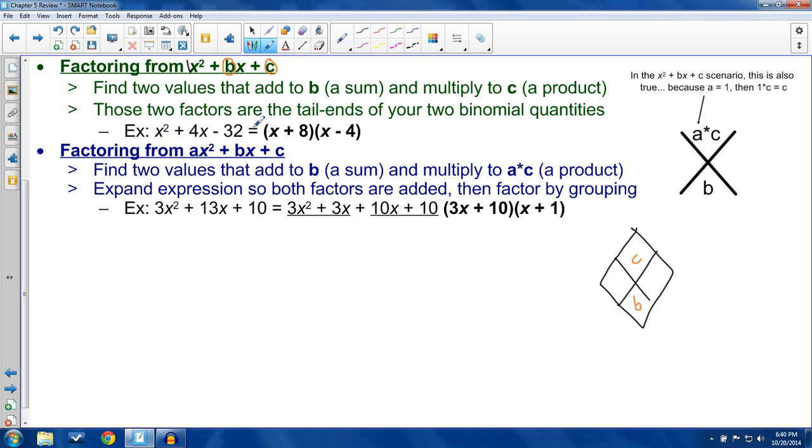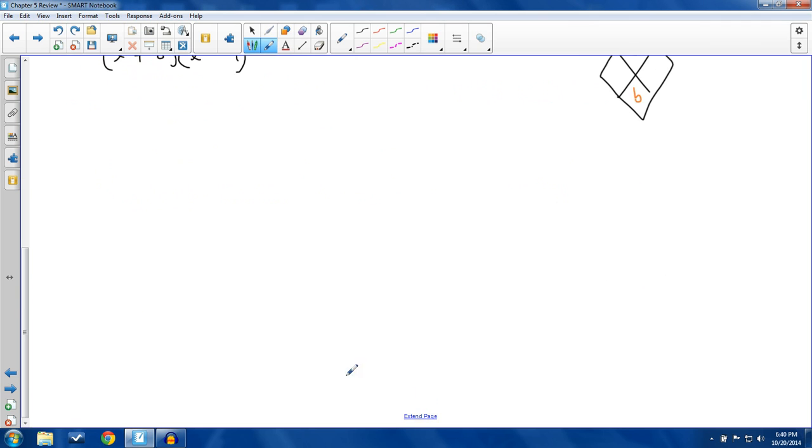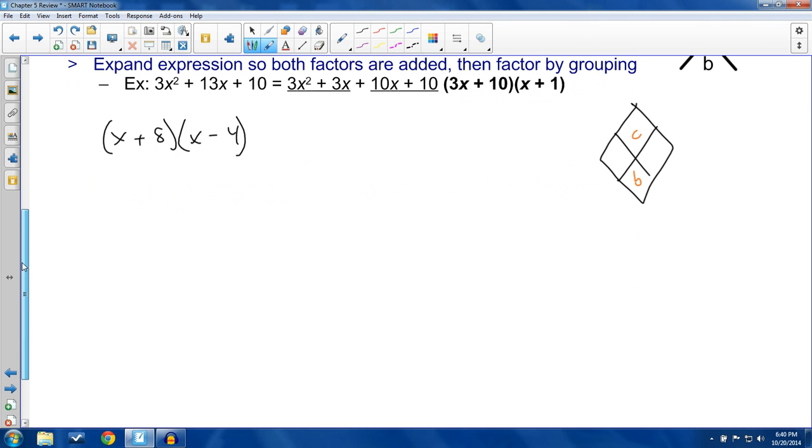First, I will go backwards by distributing to show that I can get to this, and to say exactly what's happening as we go on. So let's take a look at that example here. We get x plus 8 times x minus 4. Now, people can talk about FOIL, and I'll get to the foiling step.